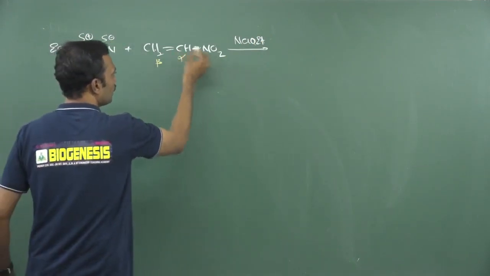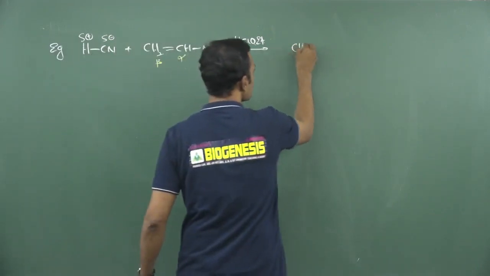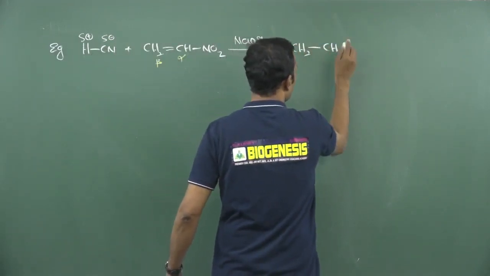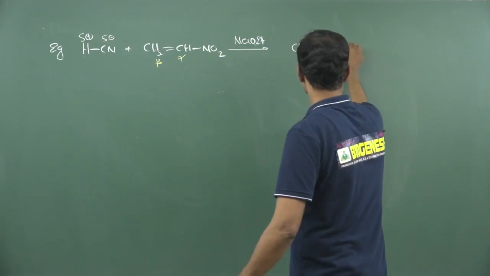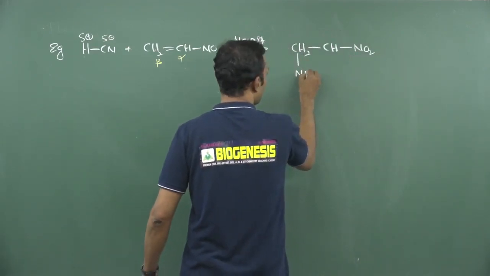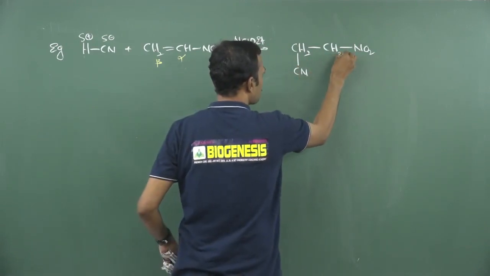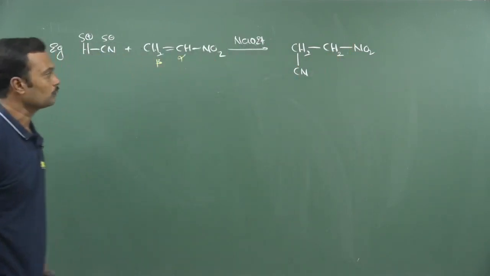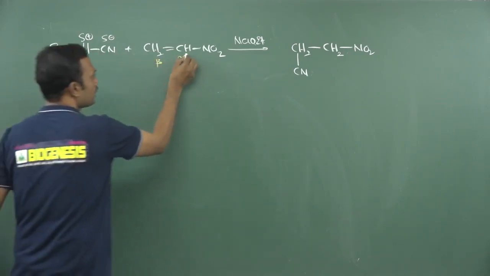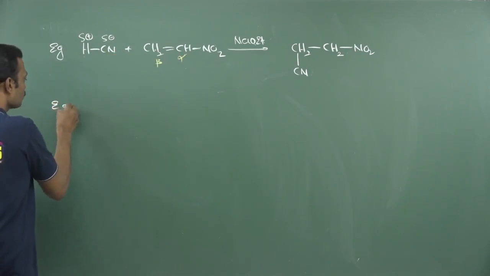So the nitro is an electron withdrawing group here. By removing this double bond, you convert it into a single bond and this nitro will be as usual, and here it gets connected to a cyano group. Cyano is added here and here one hydrogen atom is added from alcohol. Okay, so the hydrogen part is added here, the negative part will be added on the beta carbon. Okay, so that is the answer.